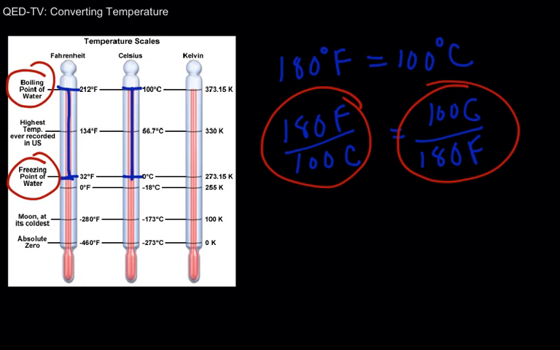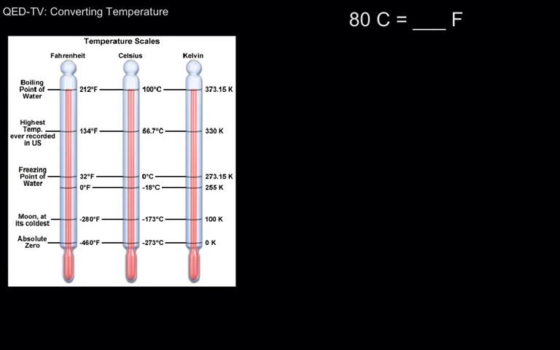Okay, so let's look at this first problem here. We want to convert a temperature of 80 degrees Celsius. So that's, I don't know, somewhere like in here. 80 degrees of Celsius, and I want to find out how many degrees of Fahrenheit that is. Like I said, we don't convert the actual temperature. We don't convert the 80 degrees of Celsius.